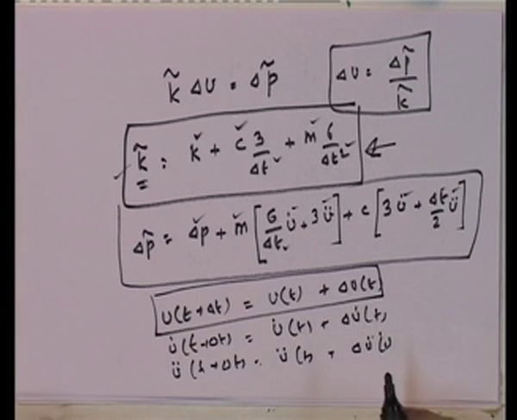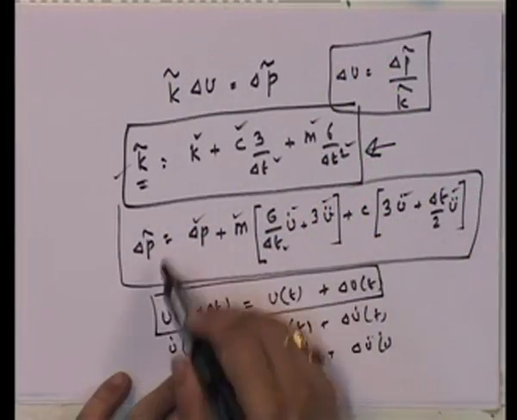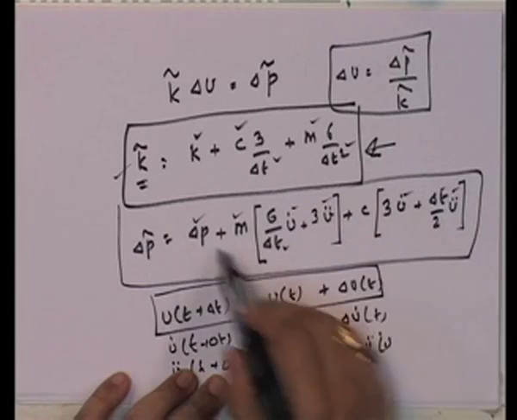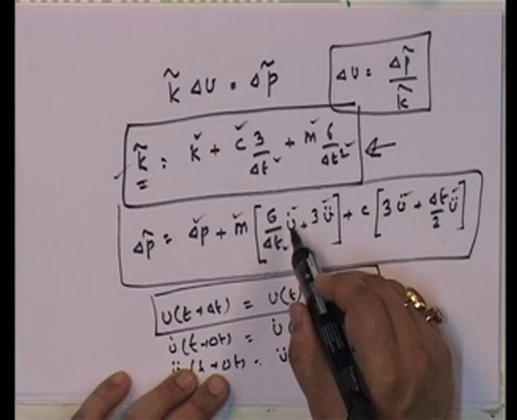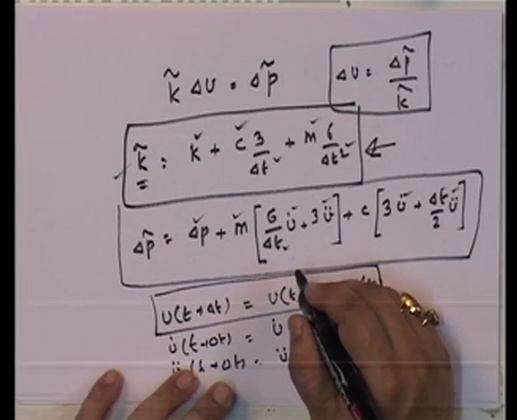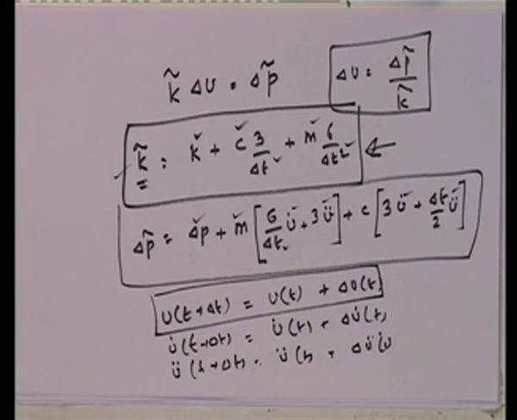Why are they known as implicit methods? Because you always need to know the previous time step solution, and these terms include the previous time steps. Okay. So, these are known as implicit methods.